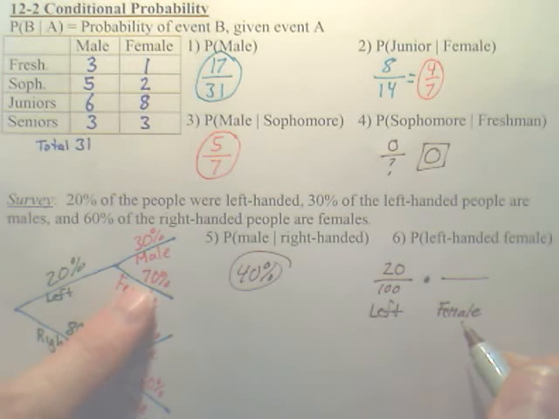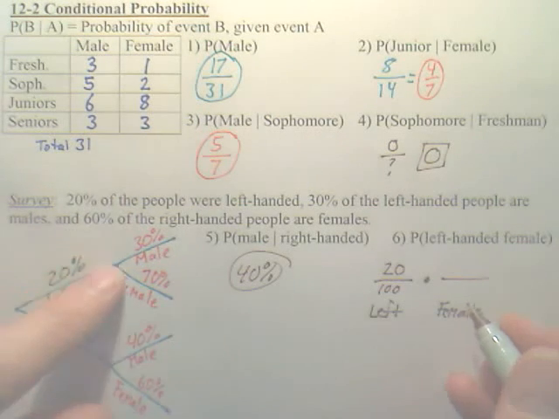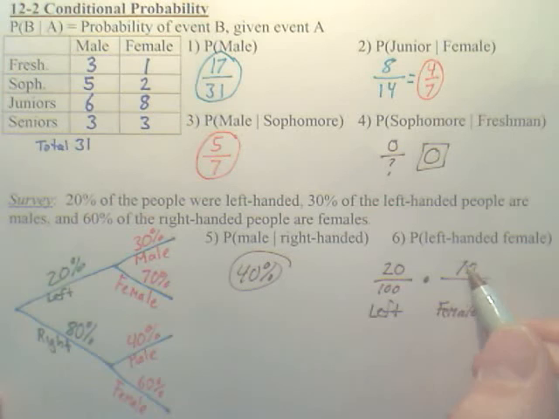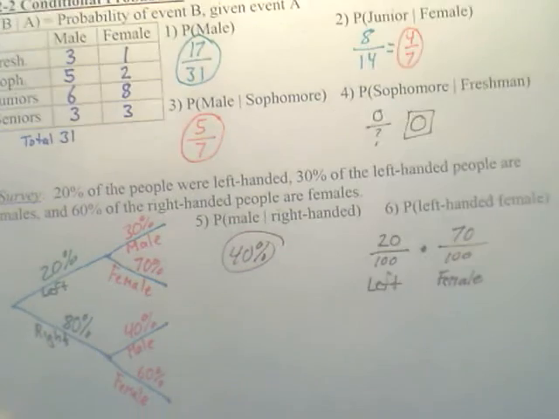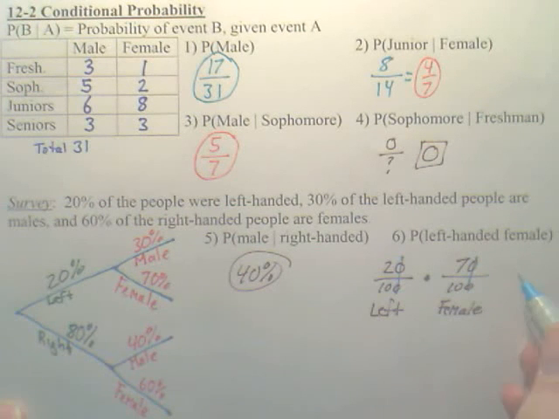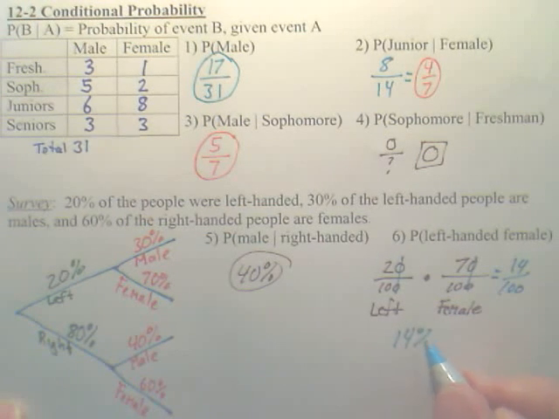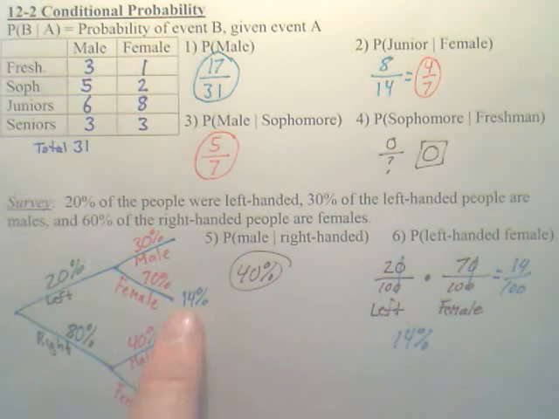Now, the probability of female is 70% because you're going down that side. First, you're probably a male. Second, you're probably a female. So that's 70%. If I multiply those two, won't that give me the probability of it being a left-handed female? Hopefully you can see, you can kind of simplify this down a little bit. Those cancel, leaving you, it looks like 14 out of 100. Which, wouldn't that be 14%? You have a 14% chance of being a left-handed female.